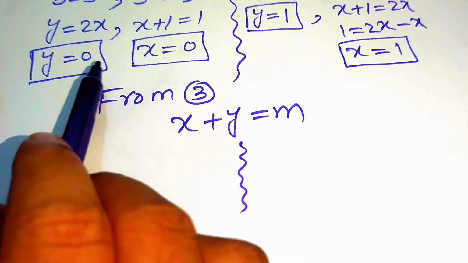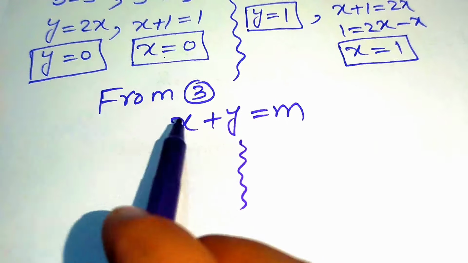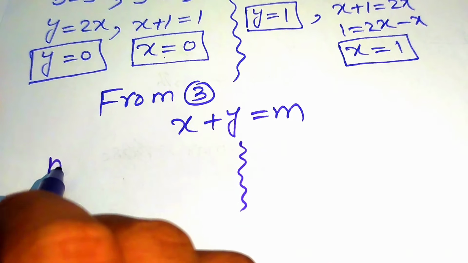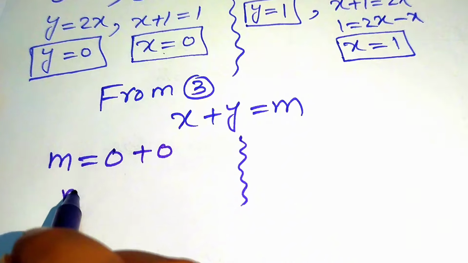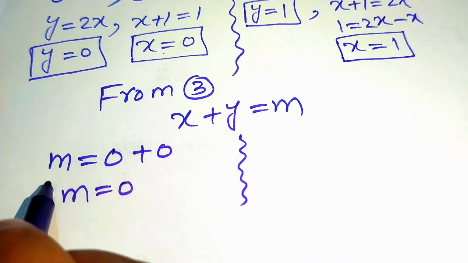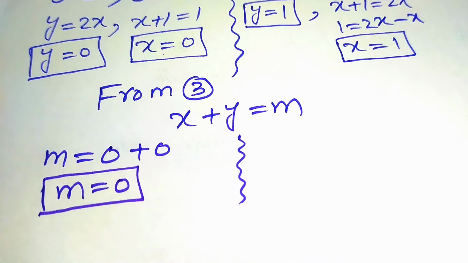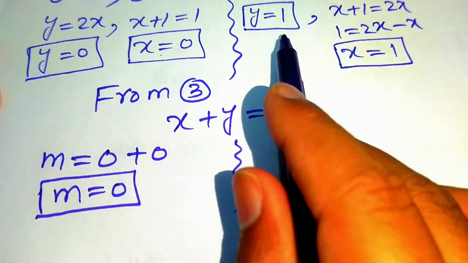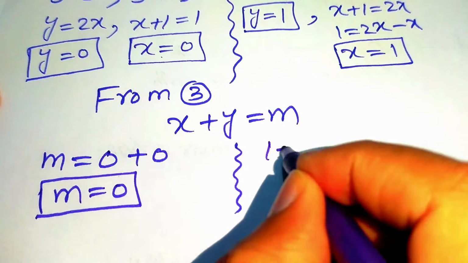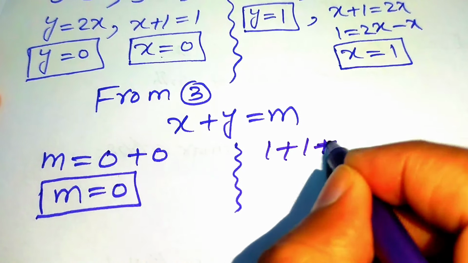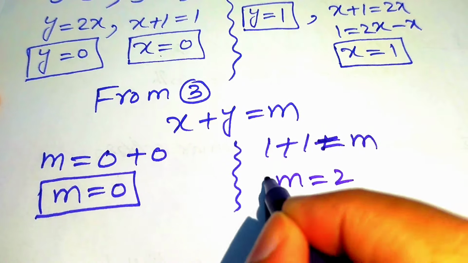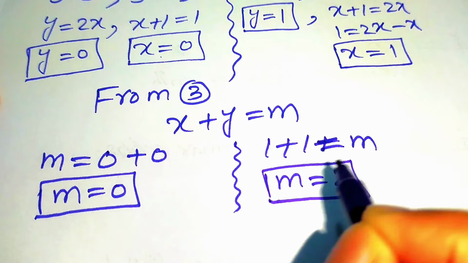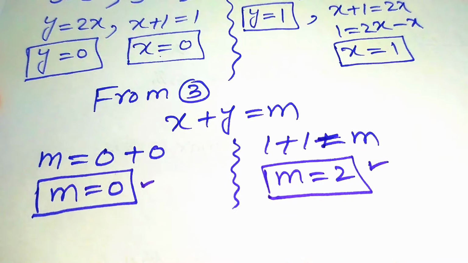In the first case we get x 0 and y 0 in this equation, so we get m equals 0 plus 0, so the value of m equals 0. Similarly we put these values of x and y here, x is 1, y is 1, equals m. So in this case you get the value of m equals 2. So we have two values of m in this problem.